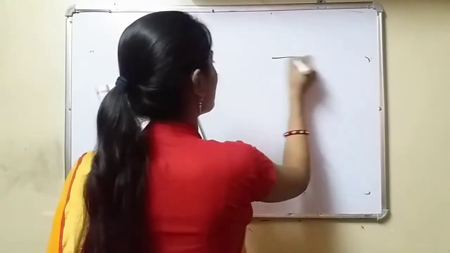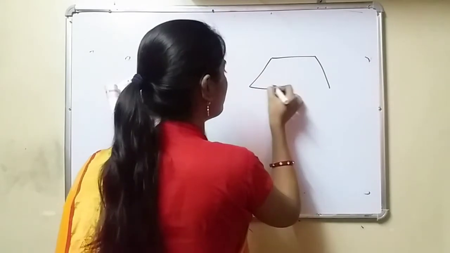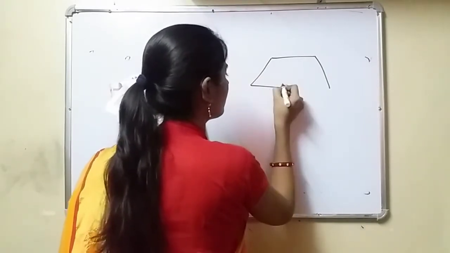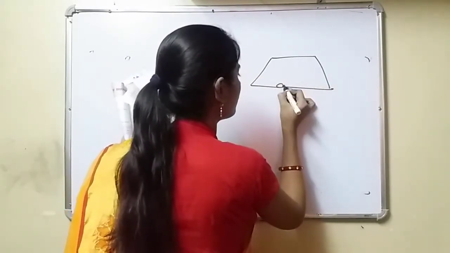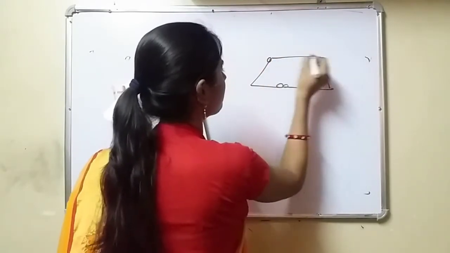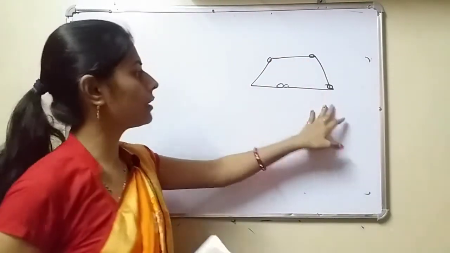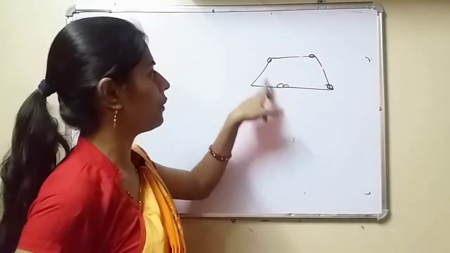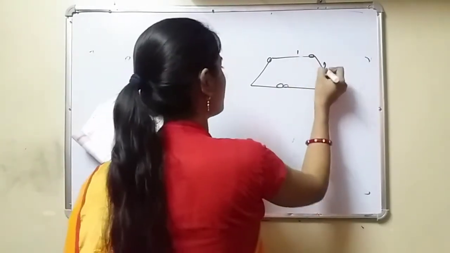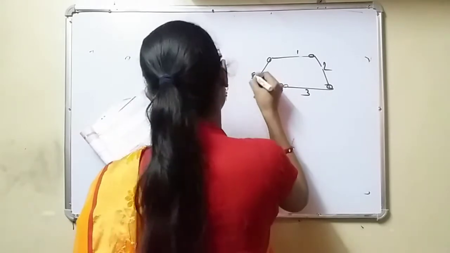See, in matchsticks they have made 5 sides with matchsticks in trapezium. Now see how many matchsticks you can see here. 1, 2, 3, 4 and 5. 1, 2, 3, 4 and 5.